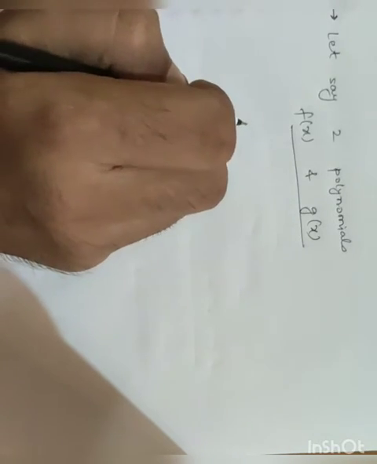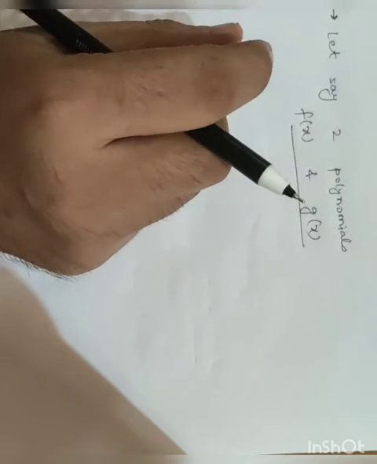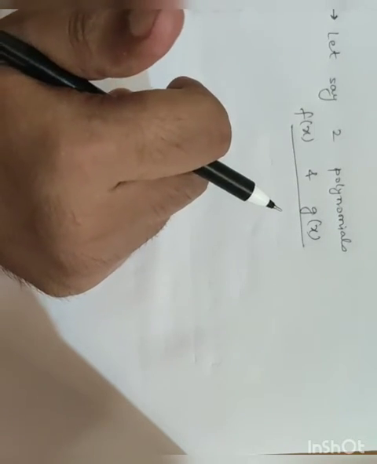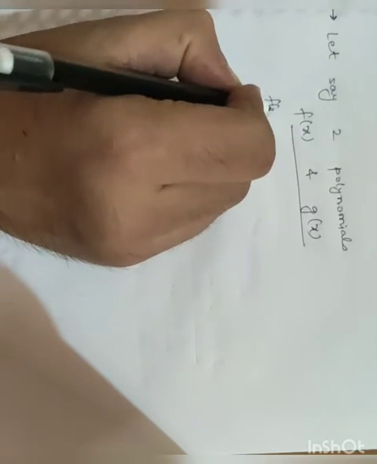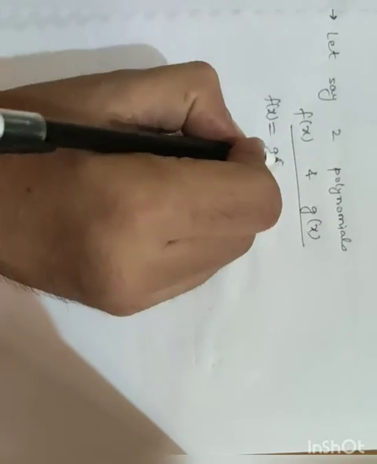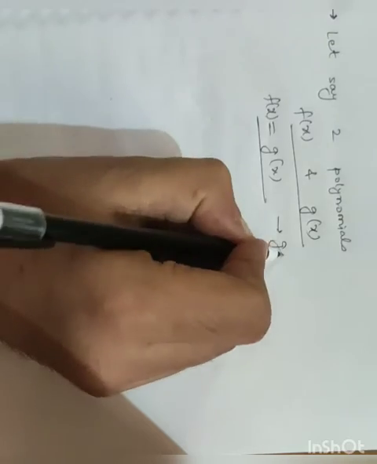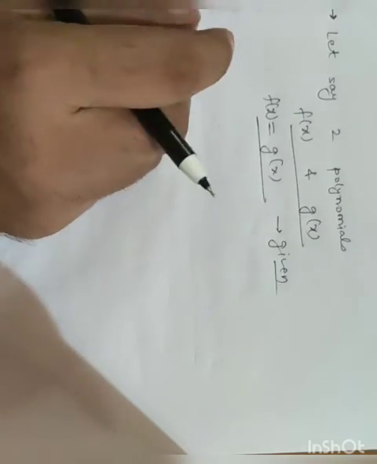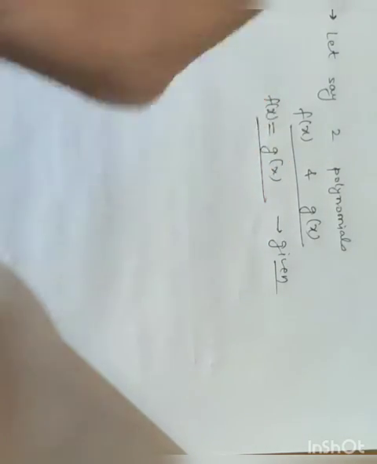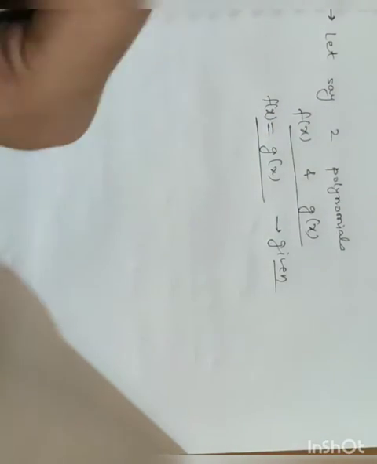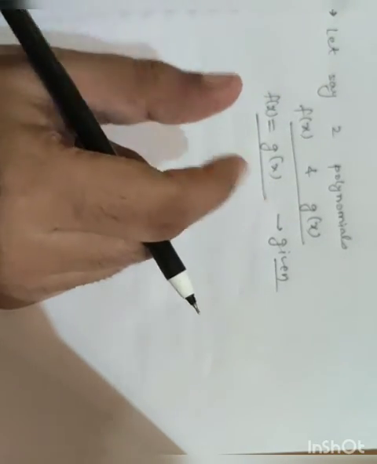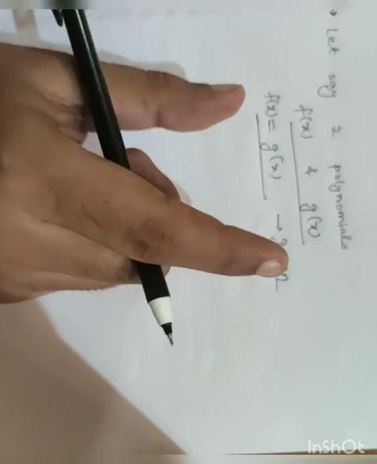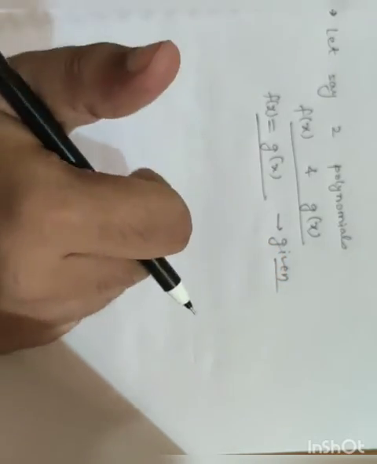So what does this mean? When it is said that two polynomials are equal, the condition for equality is that two non-zero polynomials are called equal if the coefficients of respective powers of x in them are equal.